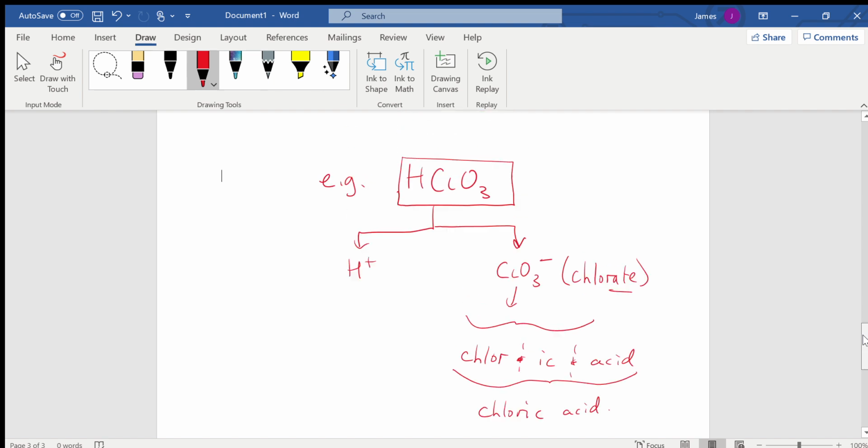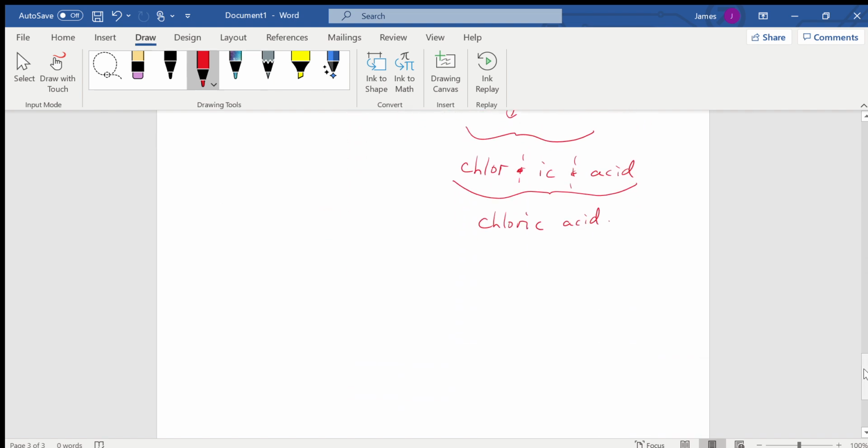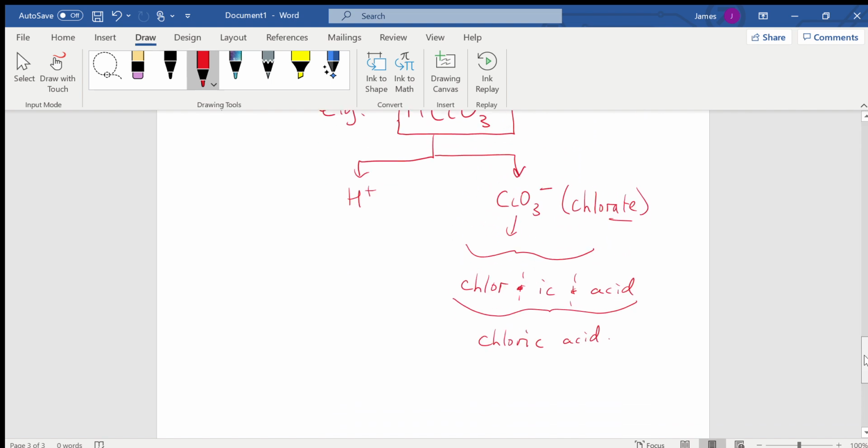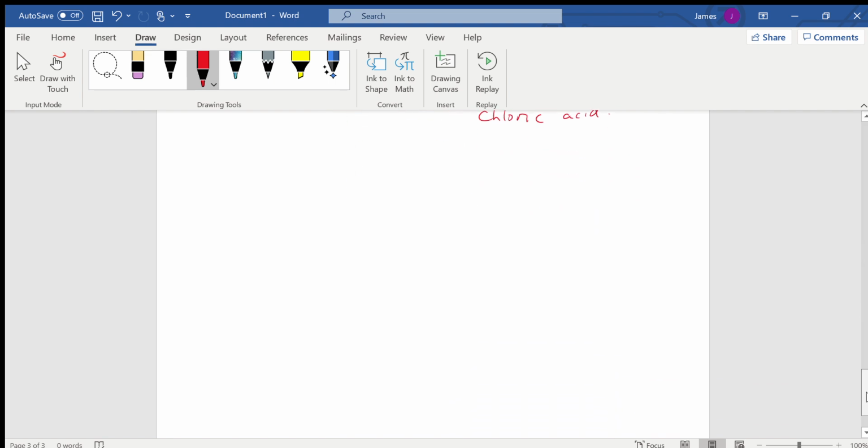What if we had, so that was HClO3. What if we had, maybe I can fit it alongside. I don't know, let's see how much space I've got left. We have enough, I'll do it over here.